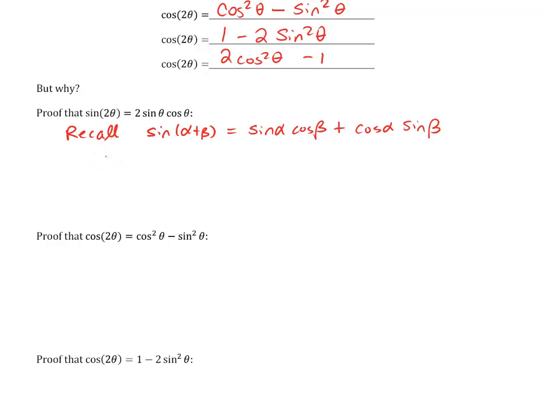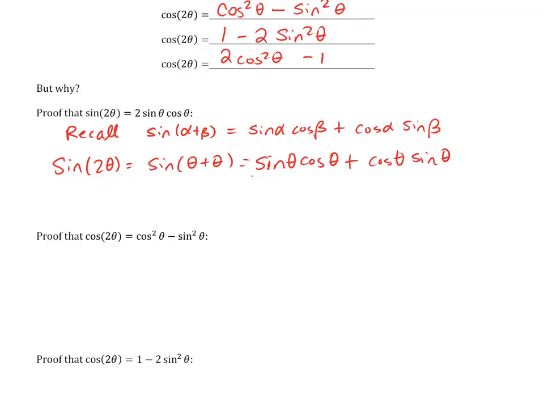Now, if I think of 2 theta as theta plus theta, I can rewrite this as sine of the first angle, which is theta, cosine of the second angle, which is theta, plus cosine theta sine theta. But cosine theta sine theta is the same thing as sine theta cosine theta, so I get 2 sine theta cosine theta.